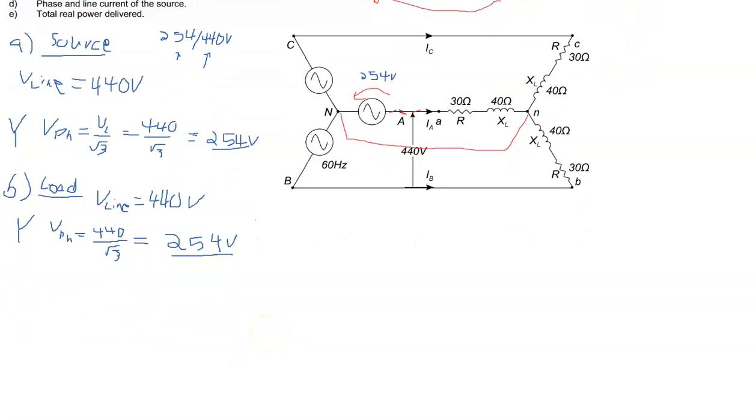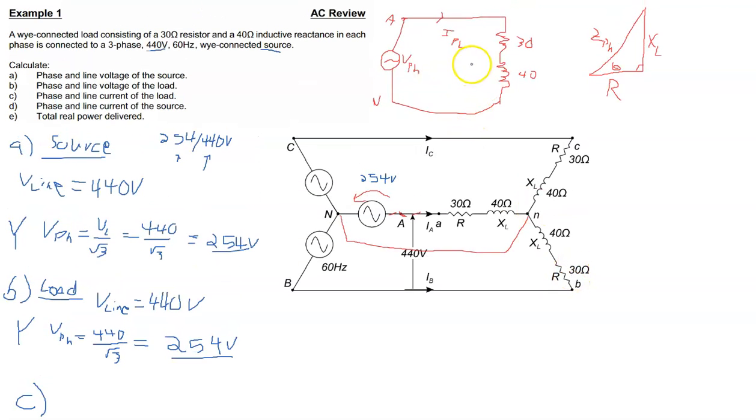Okay, now for part C, we are asked to consider the load, and whether we consider the single phase up here, and I'll call that I PL, but I phase, I meant to put there PH. Maybe it was an H, I just didn't do it very neatly.